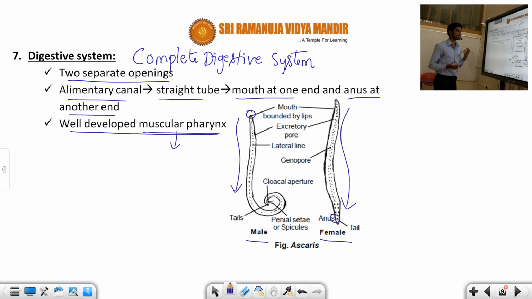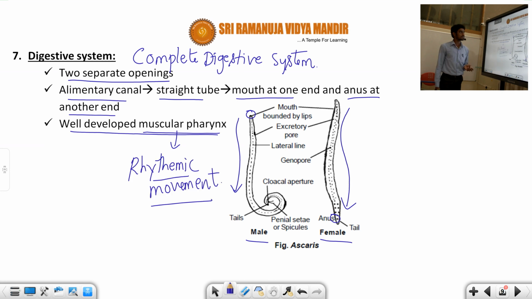I repeat once again: the digestive system is complete, with two openings, a mouth and an anus. The well developed muscular pharynx shows rhythmic movement and helps in the ingestion of food material.